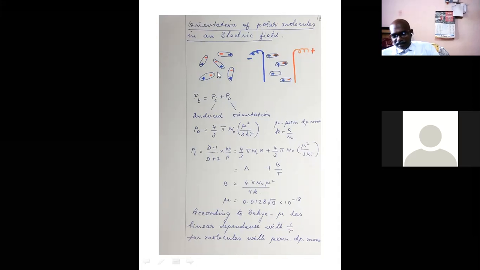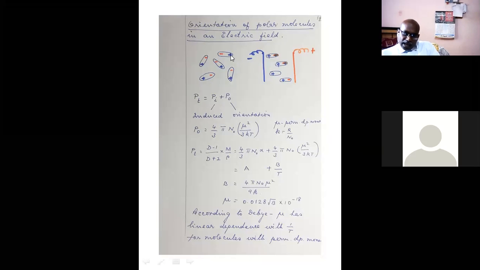Look here, even though I say the charges are already separated, there will be a further increase in the separation due to the electric field. Suppose this negative charge and the positive charge are separated by a distance of 1 millimeter. When the electric field is on, it will further separate them.